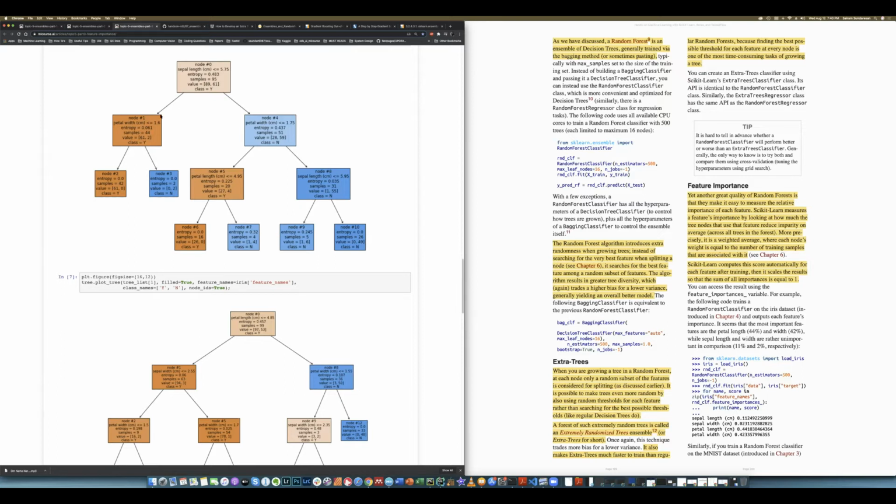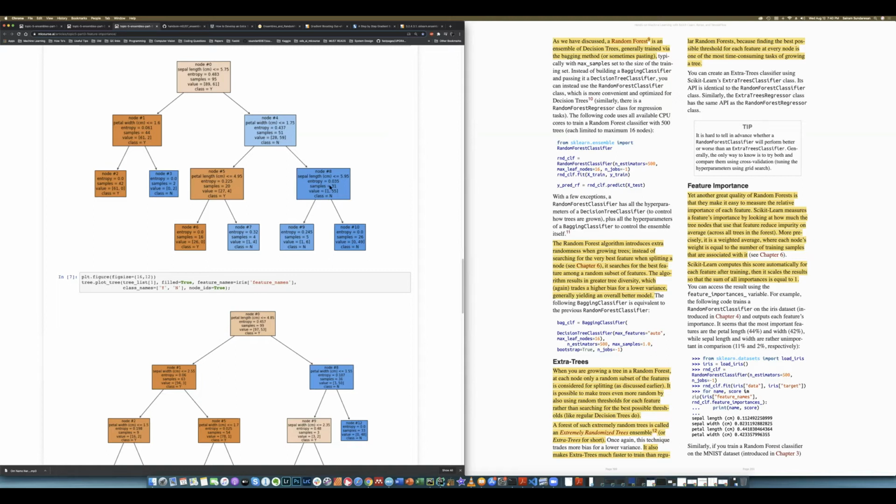After the split, I have 61 from the first class and 59 here. If I look at how many samples there are for different classes, it's mostly sample A in this split and sample B in this split. So this feature, for this particular node, has done a really good job of splitting or classification.